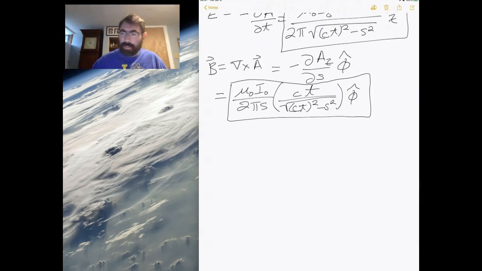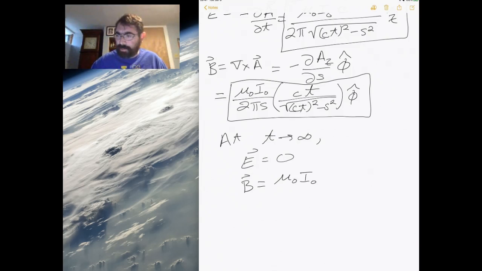So what you would notice is that as time t goes to infinity, the electric field becomes 0, and the magnetic field becomes mu 0 I 0 over 2 pi s in the phi direction, which is essentially the static case.